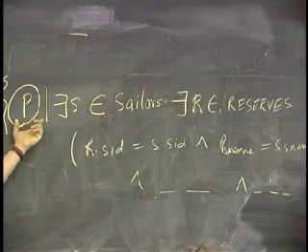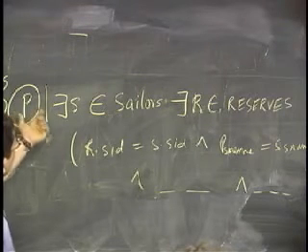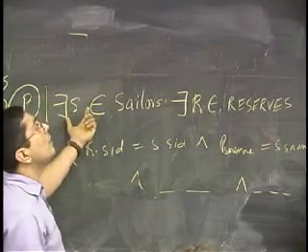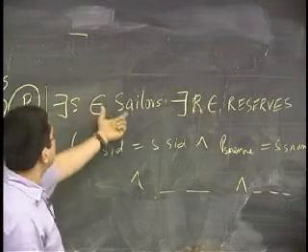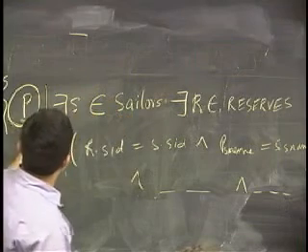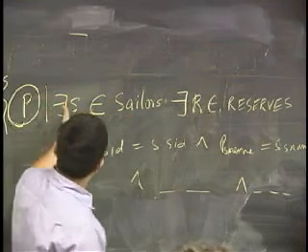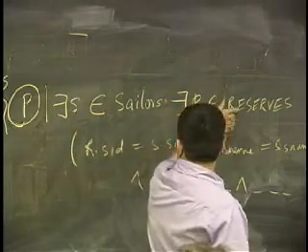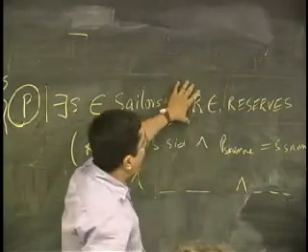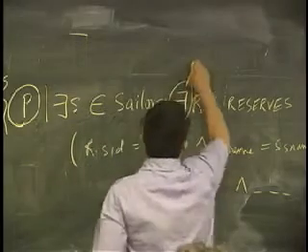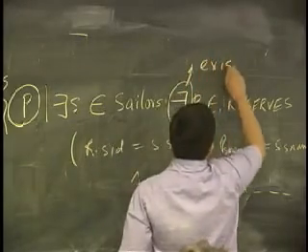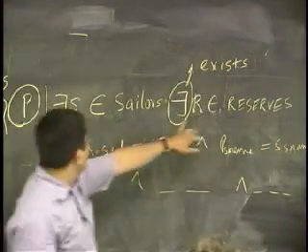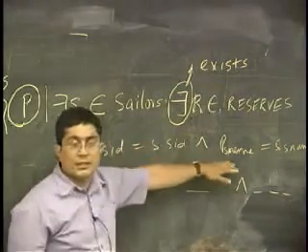It is like a tuple P exists in relation S, which is the relation Sailors, and a tuple exists in Reserves, with these constraints.